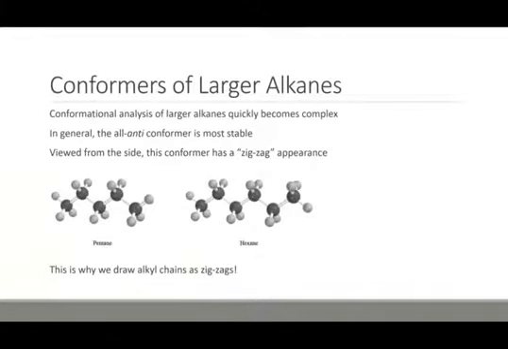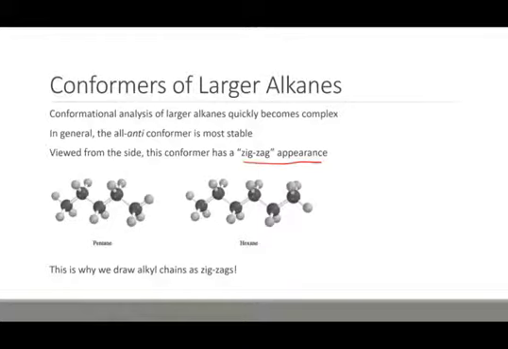So generally what we get from this is, as you get bigger and bigger, it's harder to look at these using Newman projections. But ultimately, conformation analysis of large alkanes shows that positions in which you have all anti-conformation, so where those methyl groups, the big groups, are completely away from each other, are the most stable. And when we look at that from the side, it has a zigzag appearance.